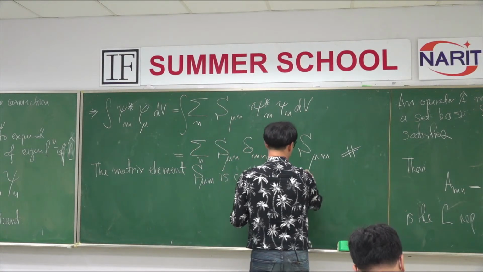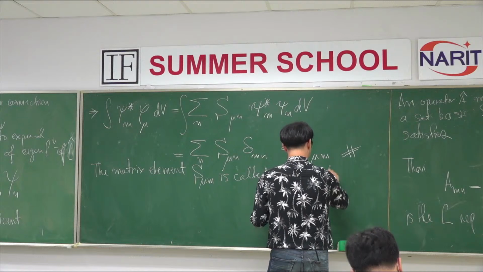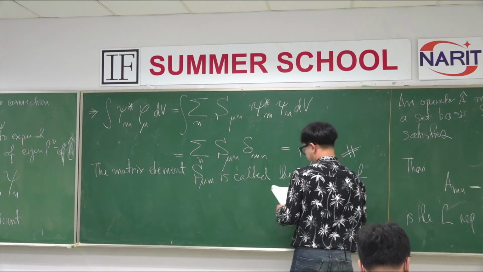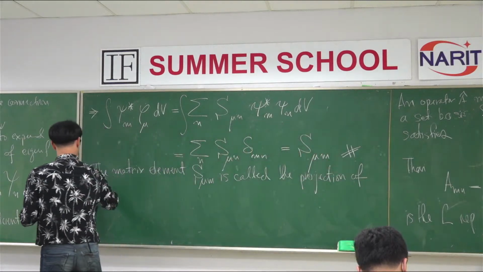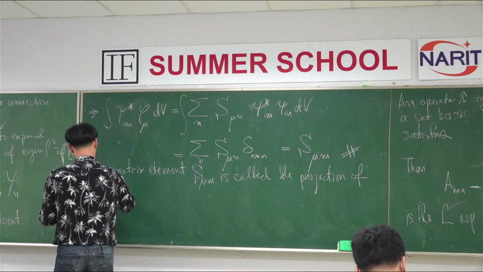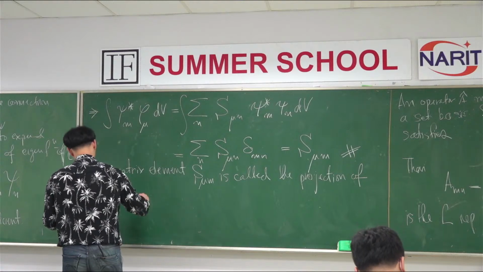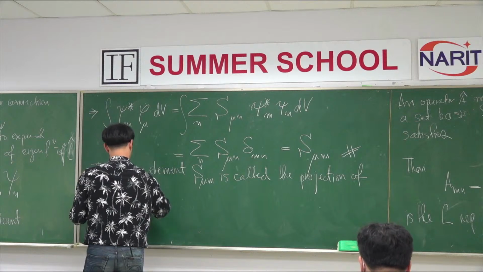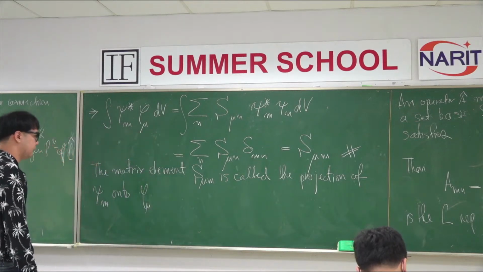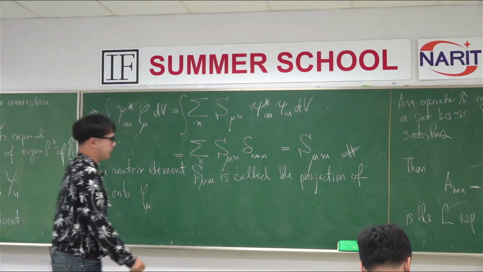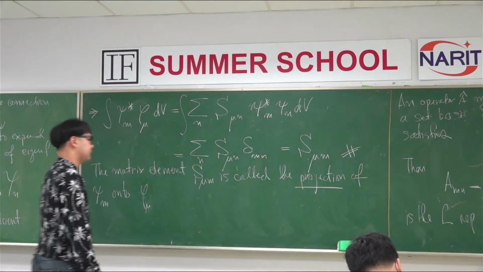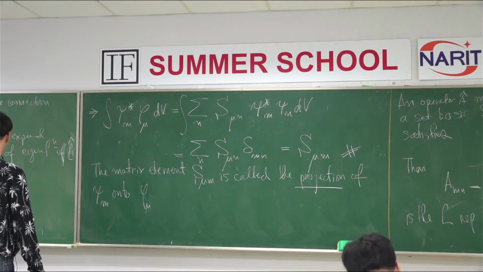The matrix element is nothing but what is called a projection of this state onto this one. I put the underline, the word projection, right here.